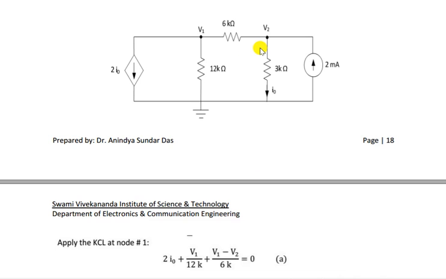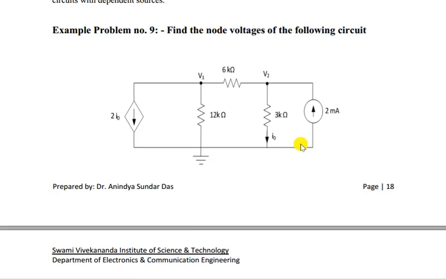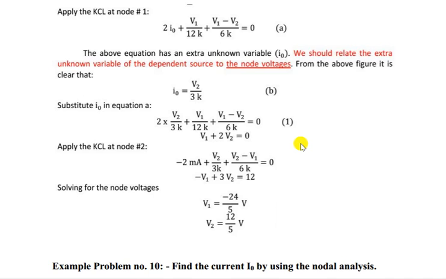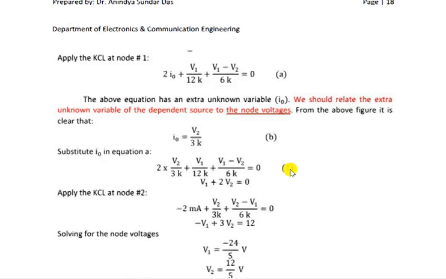Then current entering is positive. Okay, this is V1 minus V2 by 6k. So in that particular equation, this I0 value V2 by 3k, you have to put it here. So after that we get this equation 1.